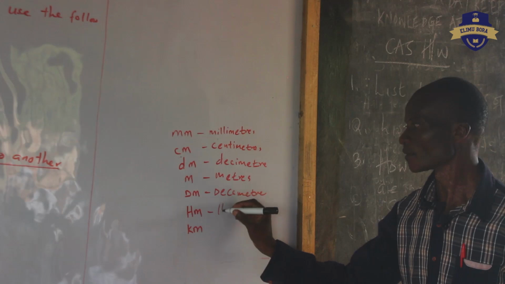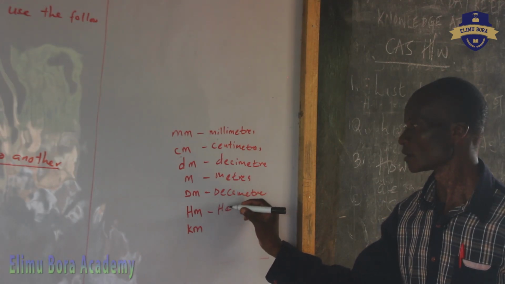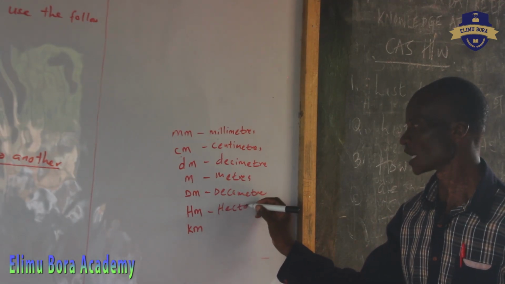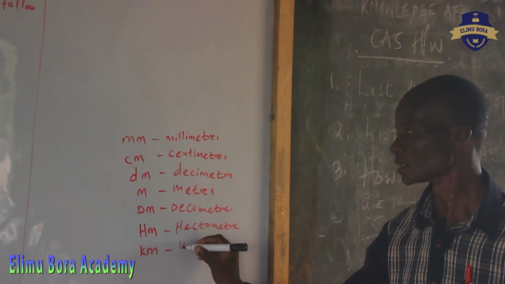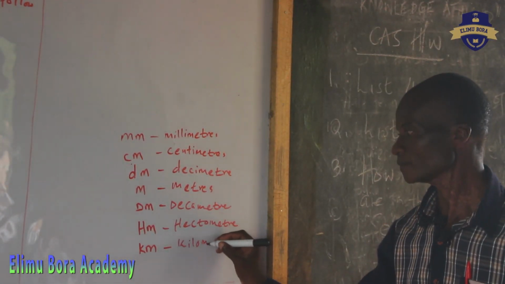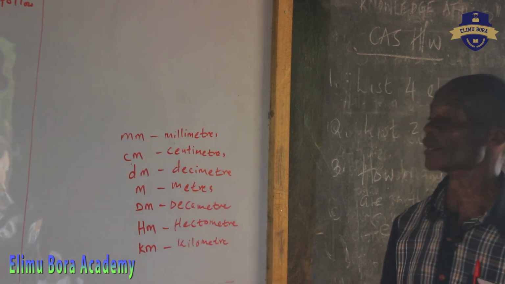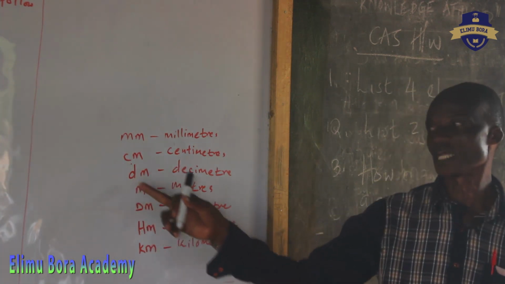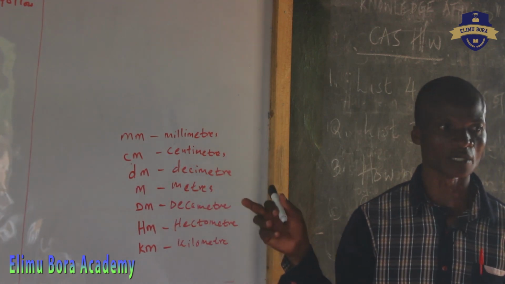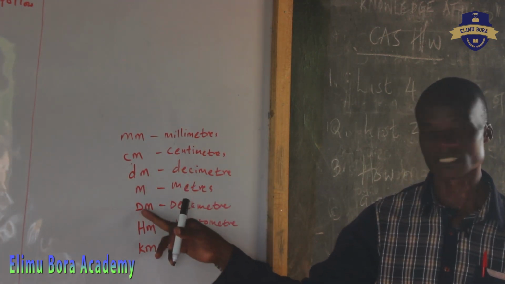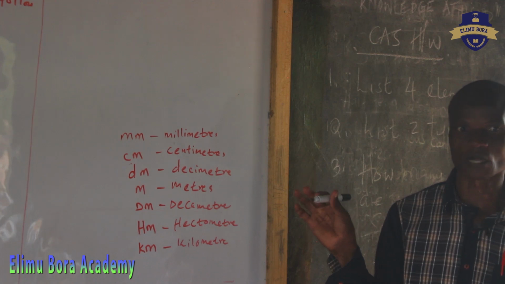Then you have hectometer. Then we have what? Kilometer. So when you are writing decimeter and decameter we use D. Then this one use what? Capital? A small d, and so that difference should be brought out.